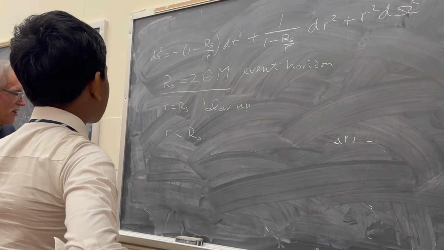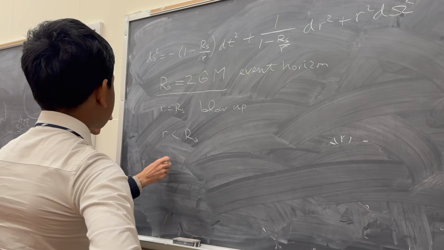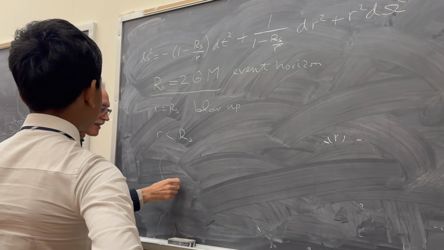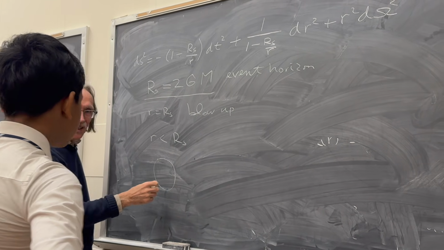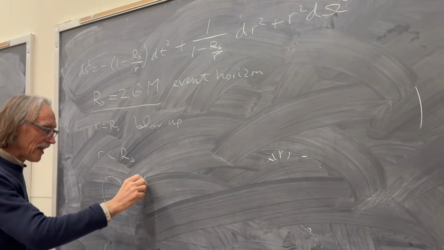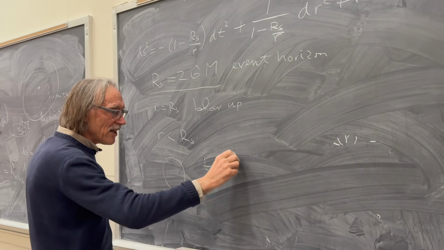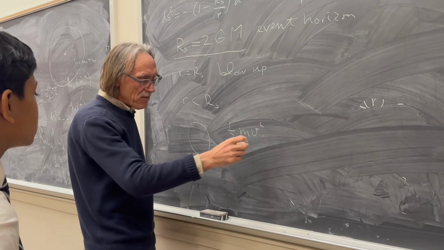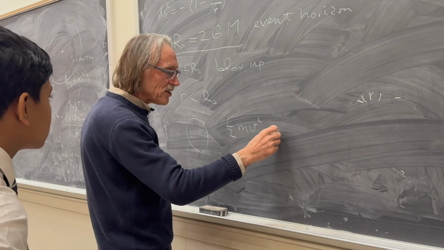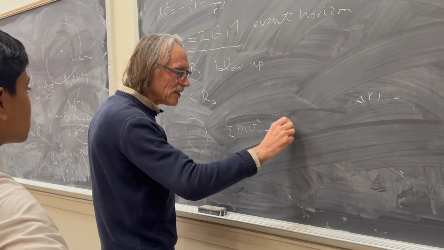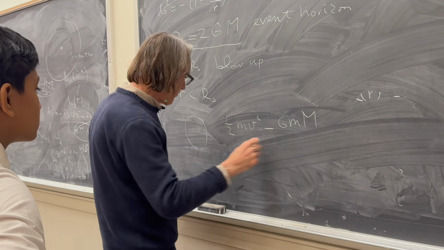But you actually can understand this by looking at the escape velocity. The escape velocity is when the kinetic energy plus the potential energy, which is negative, that is G times M times m, is zero.